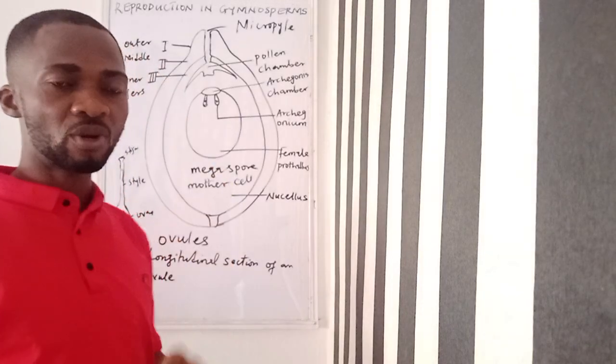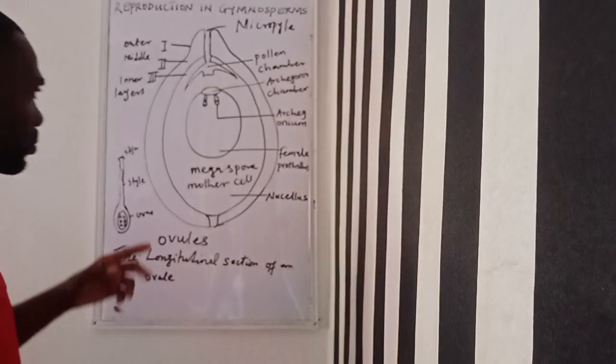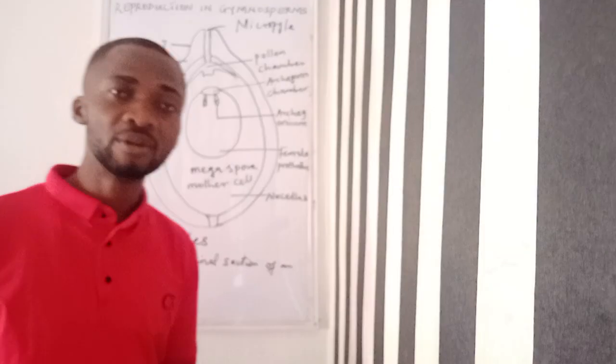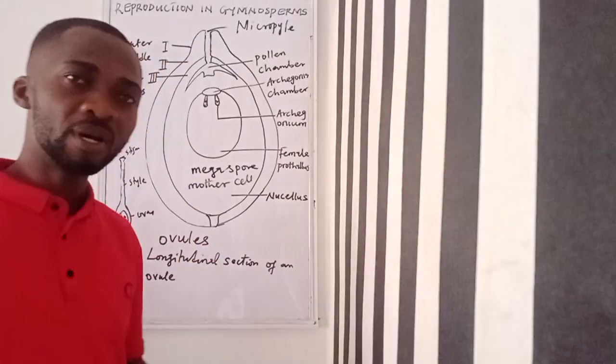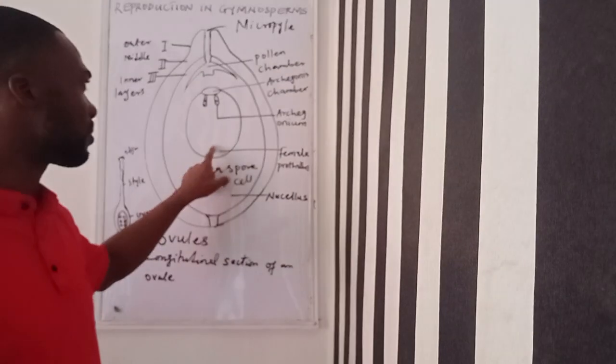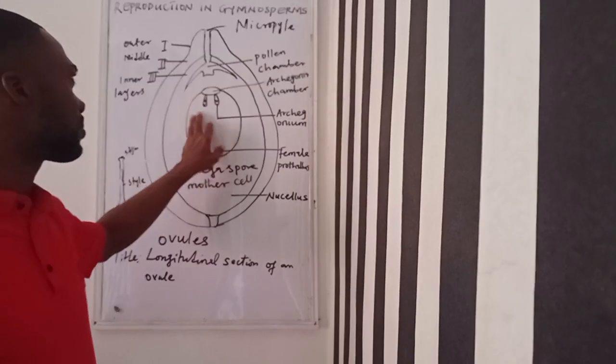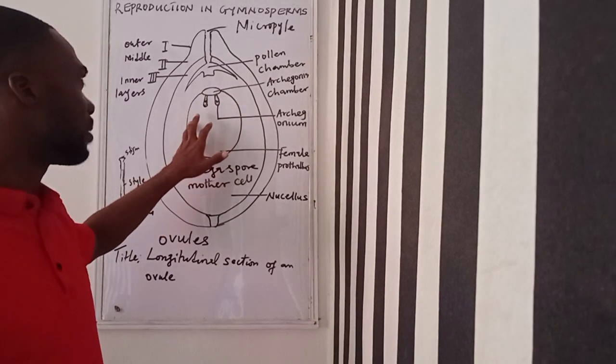Only one becomes a functional megaspore. That functional megaspore will also divide to form the female prothallus. So this is the female prothallus that is formed after the division of the functional megaspore.